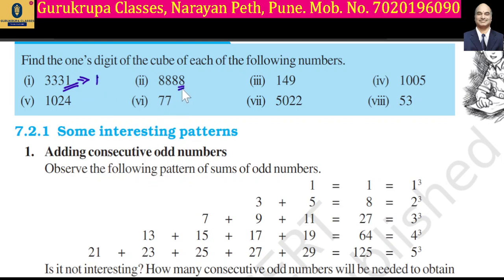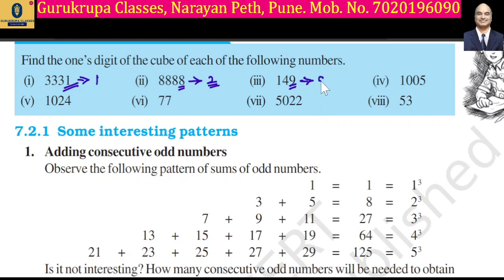Number 8, we have 8 cubed, we have 512. So we get 2 as the ones place in the cube of 8888. 149, if you make the cube of 149, what do we get here? 9 cubed, we get 729, which means there is a 9 in the unit place.